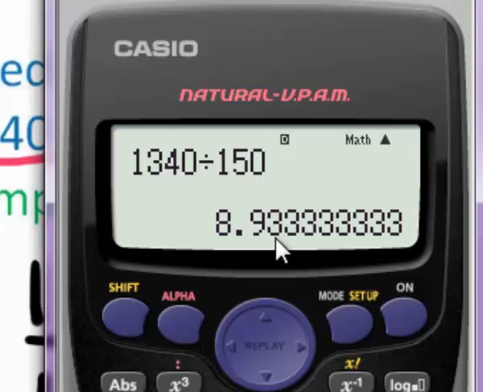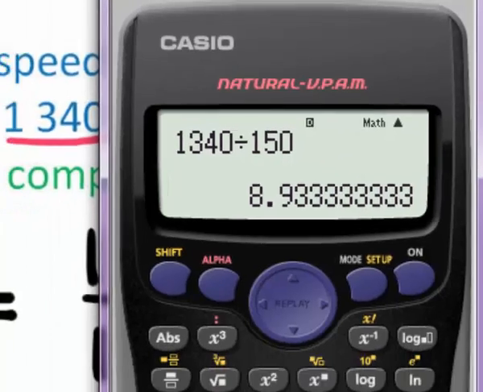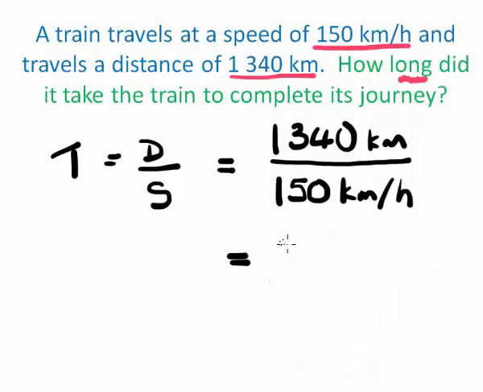It's not going to round the 3, it's going to leave the 3 as it is. So it's going to be 8,93. Now we need to look at our units. We are working with time. Here we have kilometers and we have kilometers per hour. So our unit here must be hours.